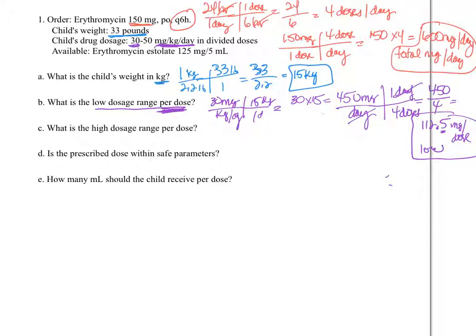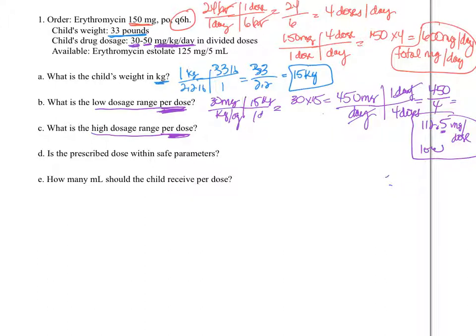All right. So our next calculation is, what is the high dosage range per dose? Here we have to look at 50 now. That's the high dosage range. But remember, we have 2 steps to finding this because we're given the drug dosage range in milligrams per kilogram per day.